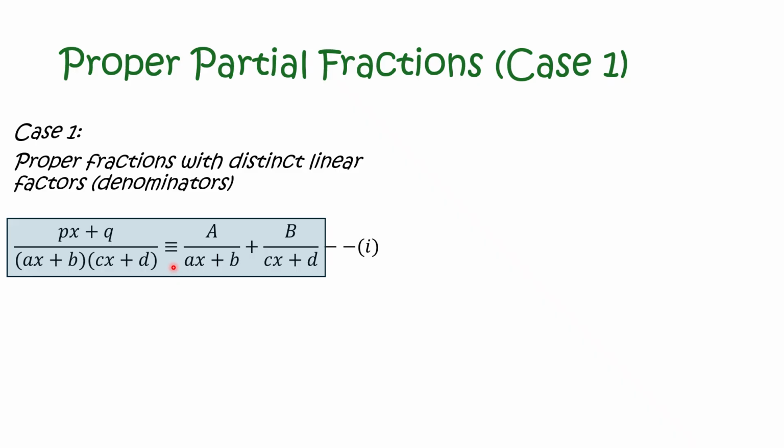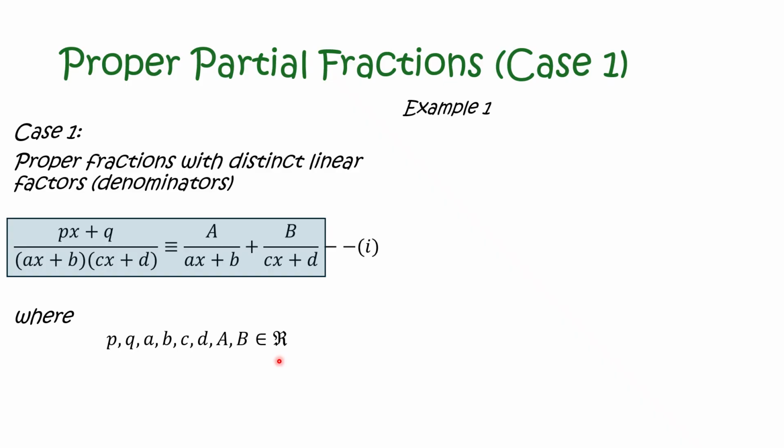We are saying that this is equivalent to capital A divided by ax plus b plus capital B divided by cx plus d. We label this as equation 1 using Roman numerals, where q, p, a, b, c, d, and capital A and B are elements of real numbers.